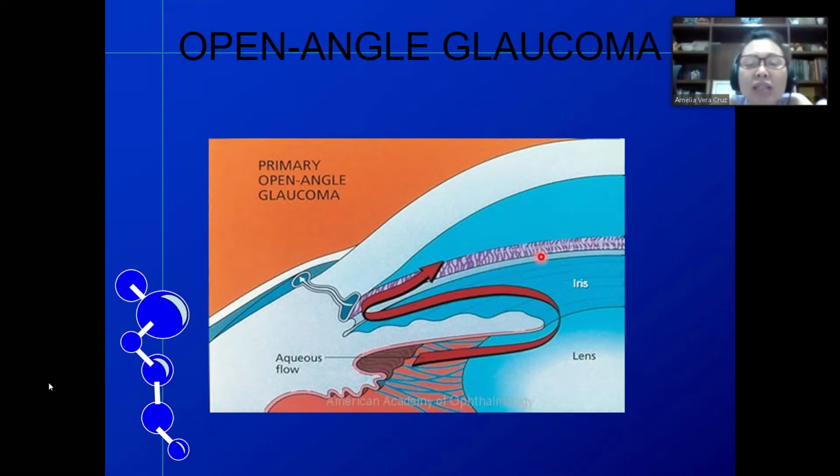However, the drainage is not good because steroids will lead to the deposition of the glycosaminoglycans in the trabecular meshwork. So, ang mga butas-butas dyan nababara niya. That is why you will have increased IOP in chronic steroid use. Kaya ka nagkakaglaucoma, ha? Sa steroids. Okay?